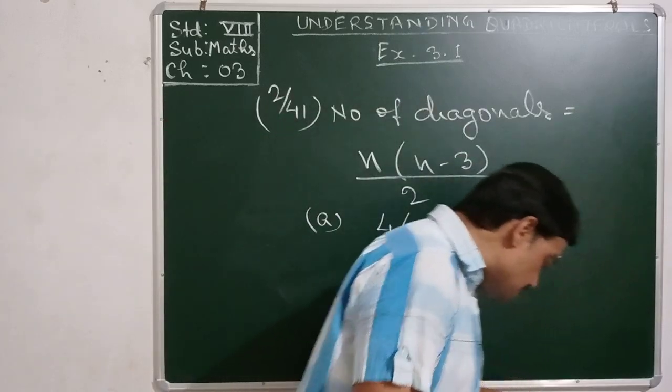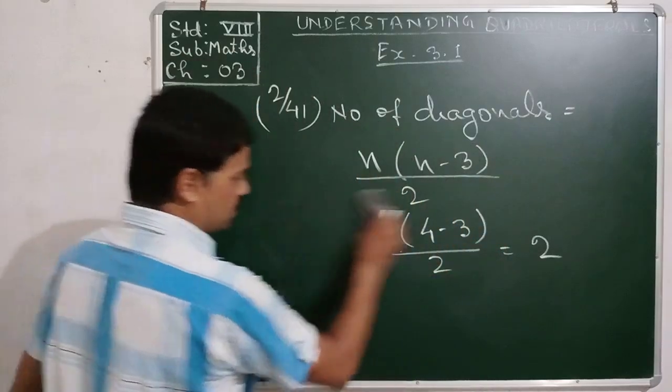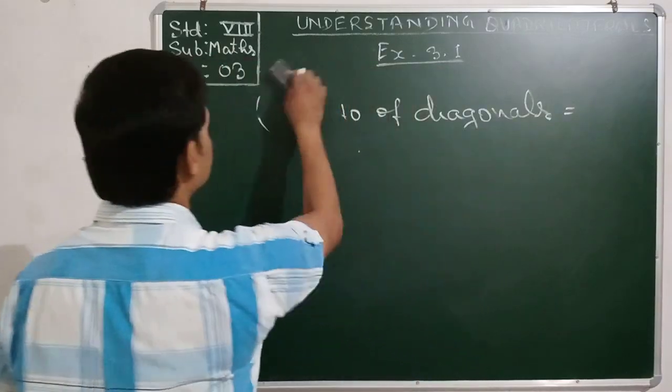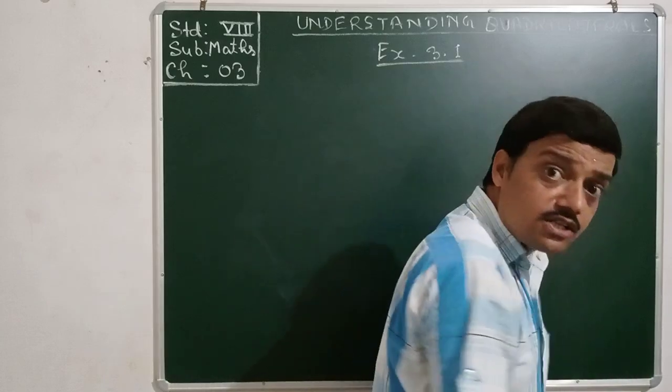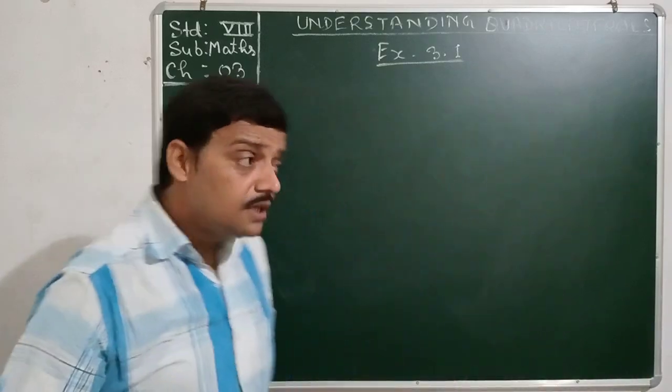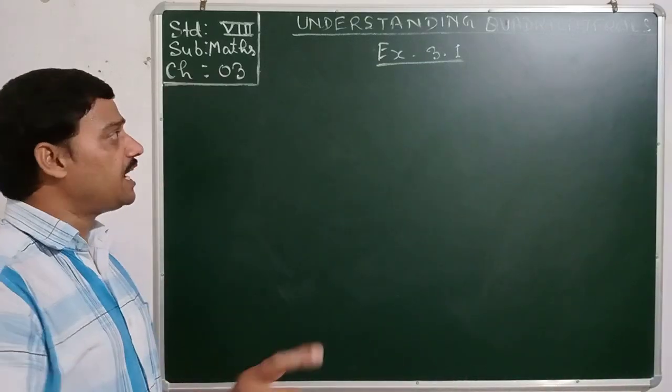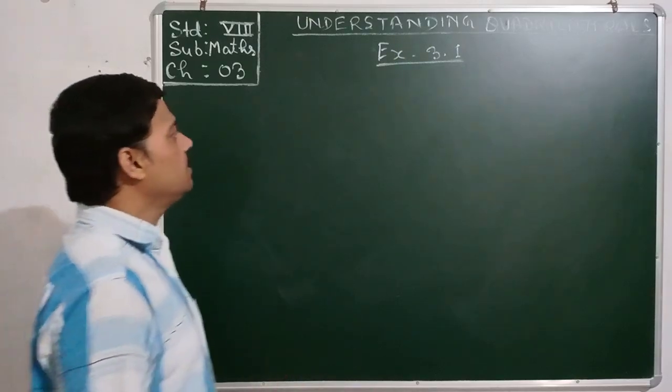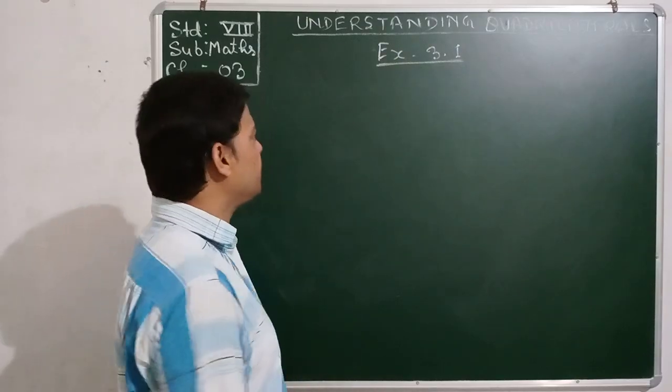What is the sum of the measures of angles of a convex quadrilateral? Of course, the sum of the measures of the angles of any quadrilateral appears to be 360 degree.